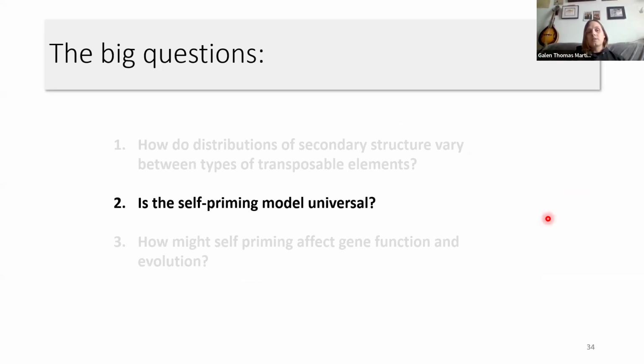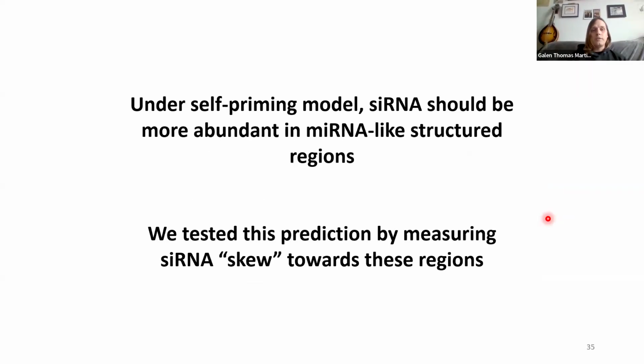But the main thing that we wanted to look at is whether the self-priming model is universal, or in other words, do these regions of very intense secondary structure correspond to high abundance of small RNAs? So we did this in the same way that Alex had done it previously, where we mapped small RNAs across these regions and looked to see if they were more abundant within them.